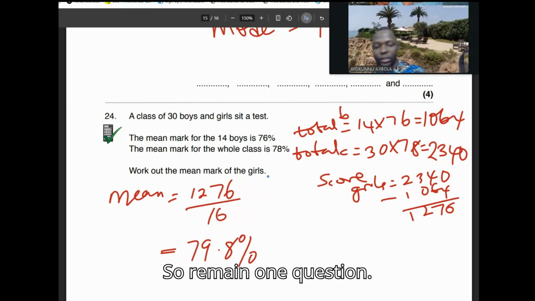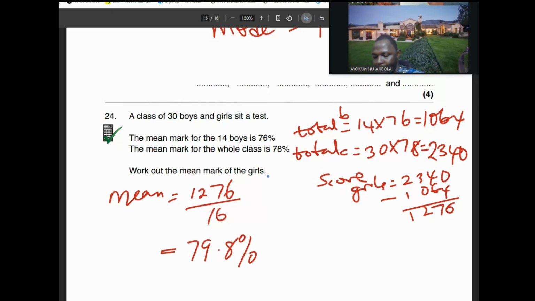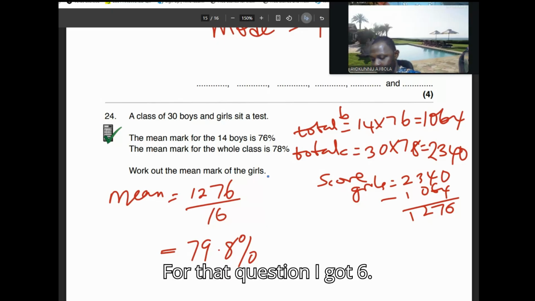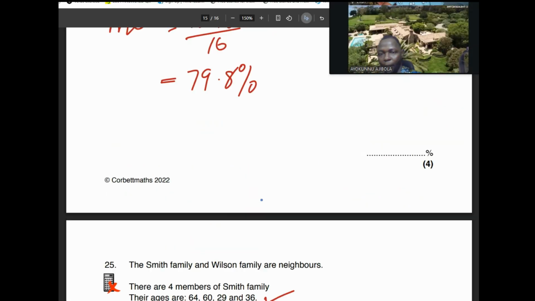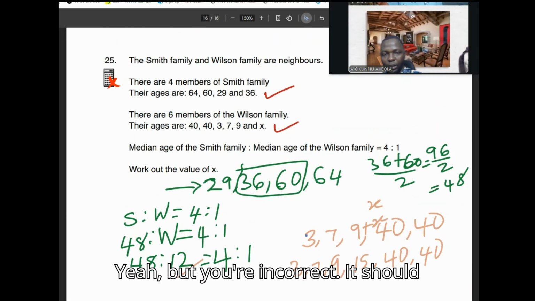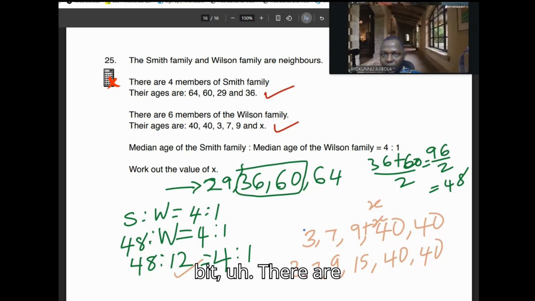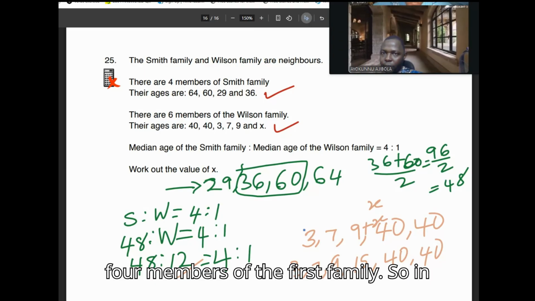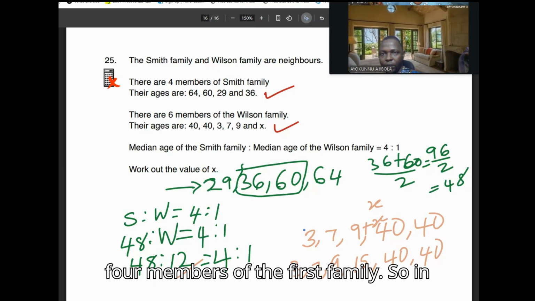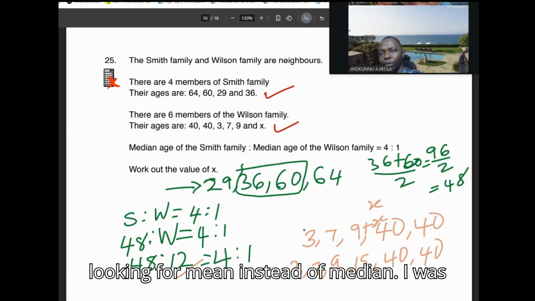So one question remains. For that question, I got 6, which is incorrect. It should be 15. Let me explain a bit. There are 4 members of the first family. When I was solving this, I was looking for mean instead of median.